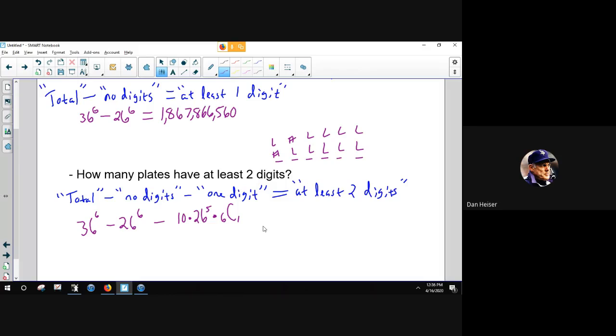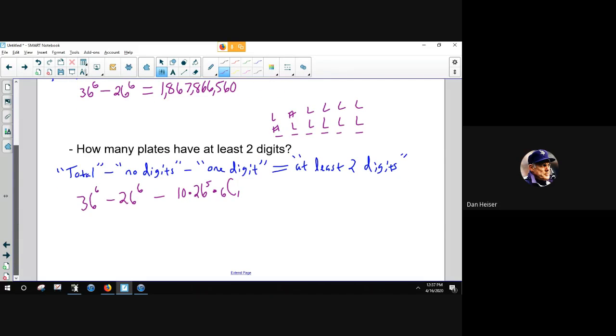So now we'll do a similar calculation. We already know what 36 to the 6th minus 26 to the 6th is. From that answer, we're going to subtract 10 times 26 to the 5th times 6.